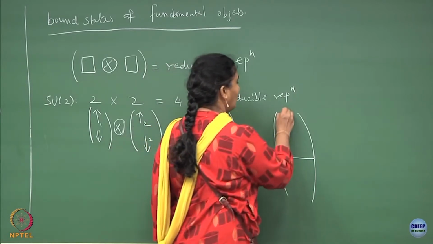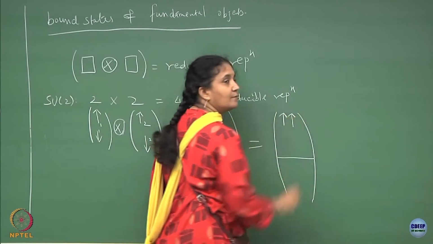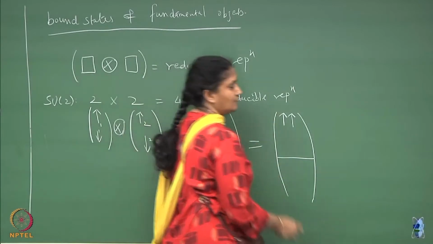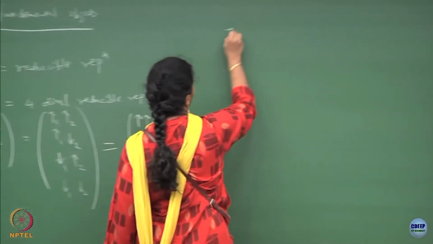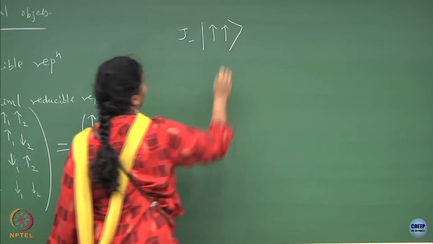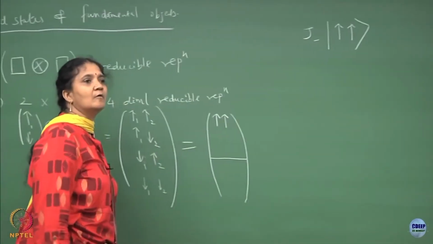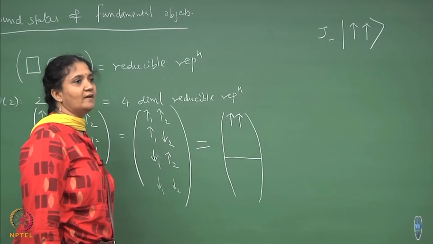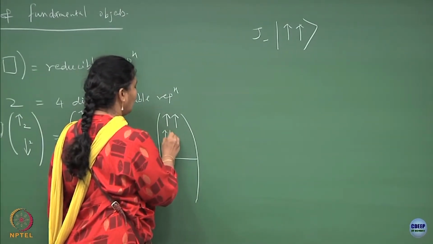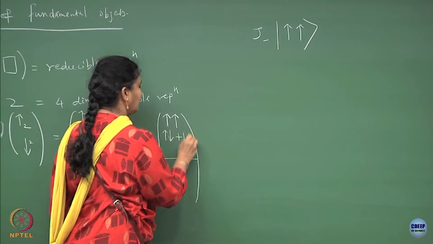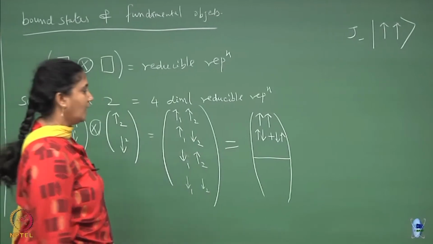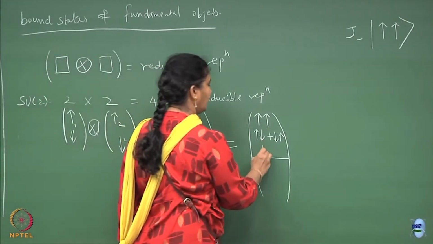So, it will turn out that if you start with up and do a ladder operation, you will get only some linear combination, and again a ladder operation will give you this.